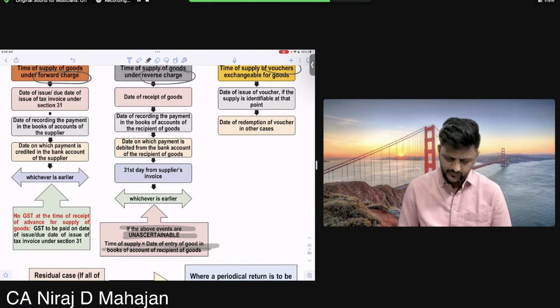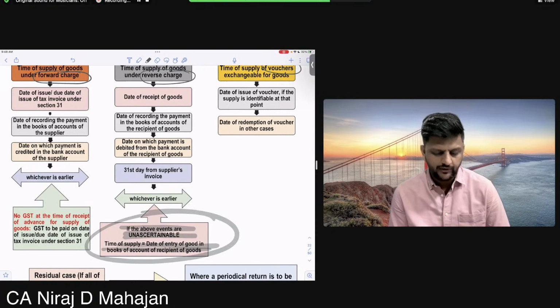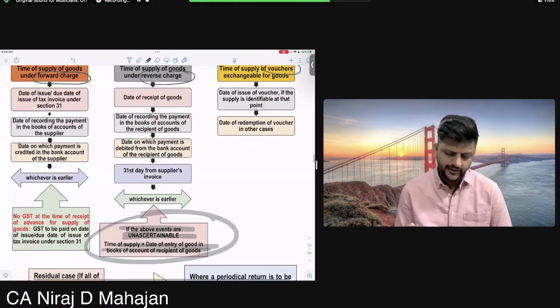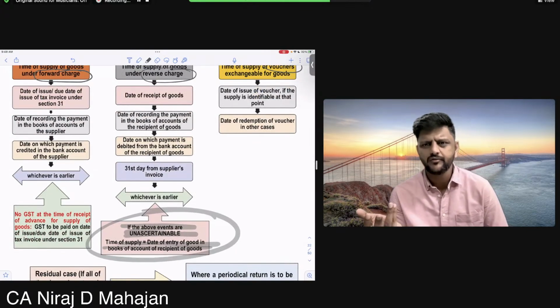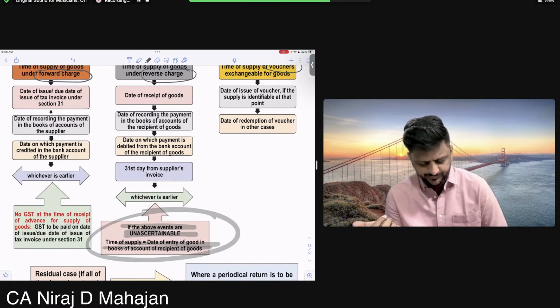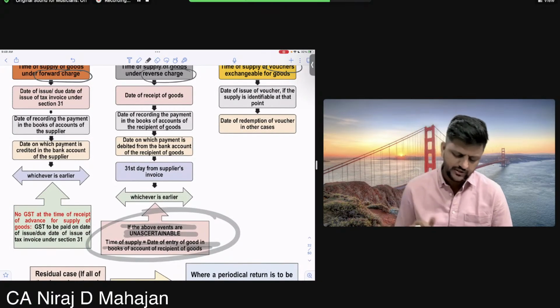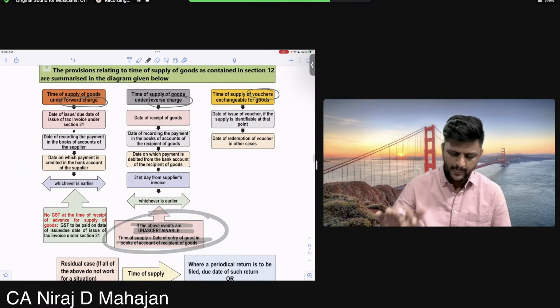This one. Yes, Celia? If we don't have what, children? Invoice is not available, right? Anything is not available from the supplier side. Then, the date of entry of goods in the books of accounts of the recipient of the goods. Right?